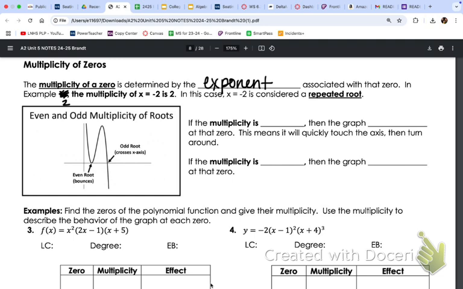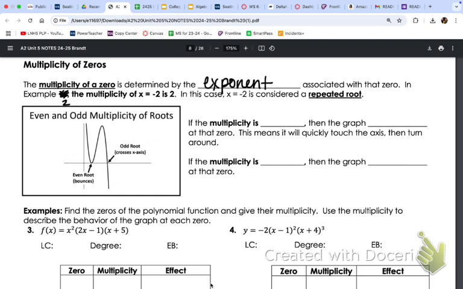Do you see how on the last one we just did, x plus 2 has an exponent of 2? So we'd say it has a multiplicity of 2, because that means that there's 2 parentheses of x plus 2. In that case, x equals negative 2 is a repeated root because there would be 2 of them.